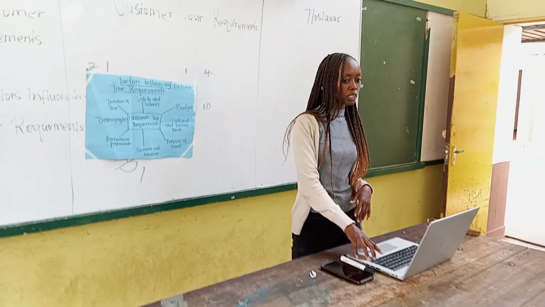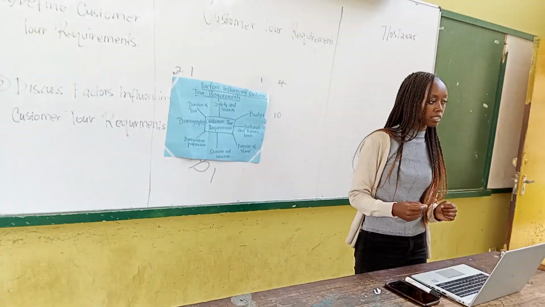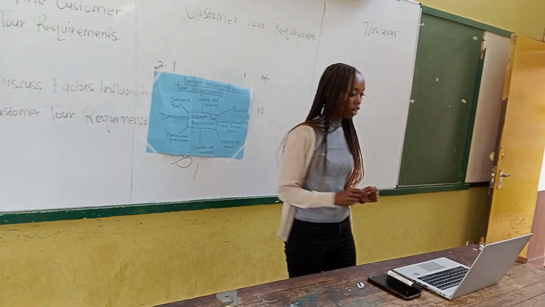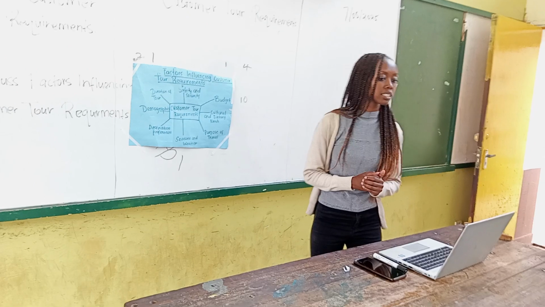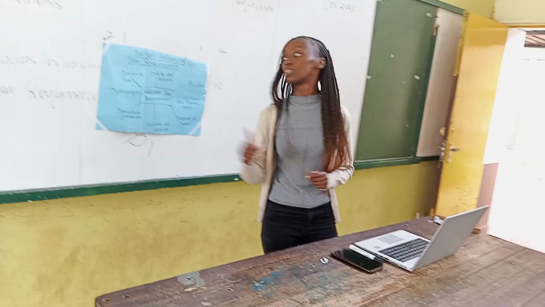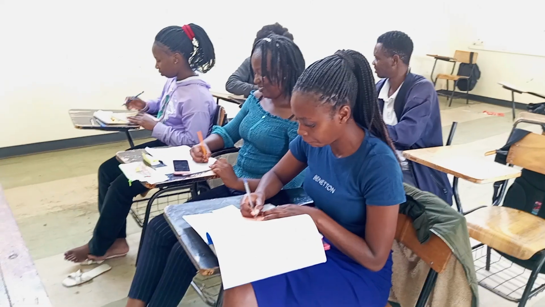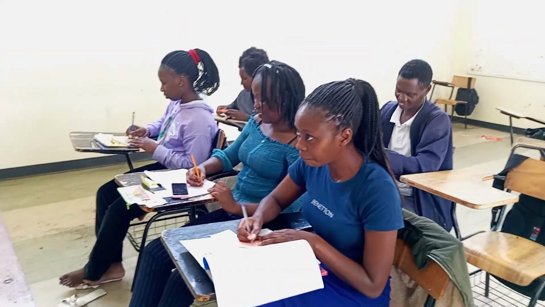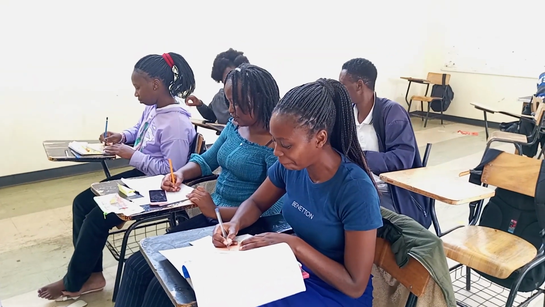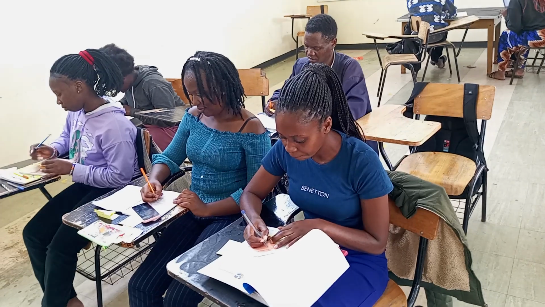So I need you to write, in 1 minute, factors that you feel are the tour requirements that you can use in the real world. 1 minute. You have 30 seconds left.